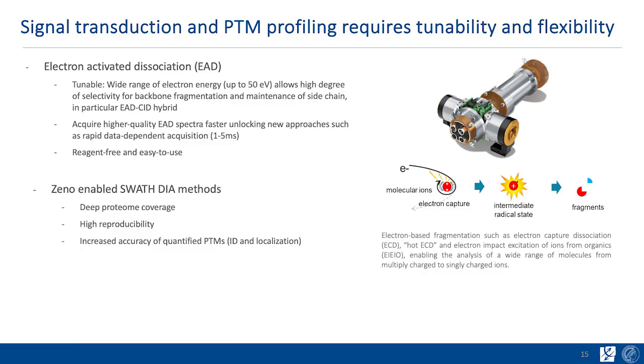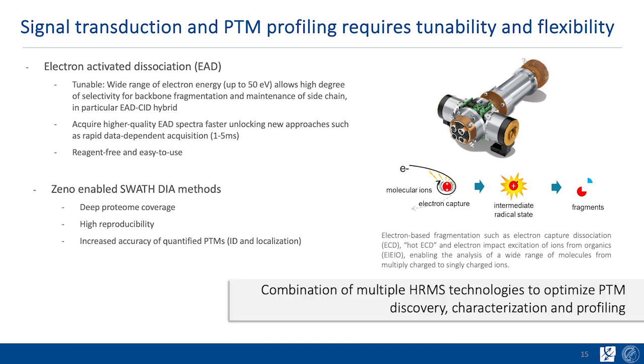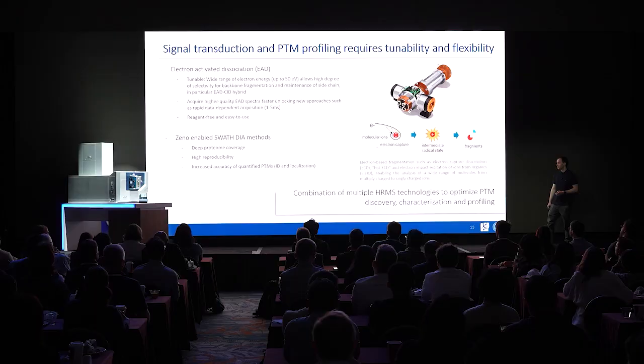It's reagent-free, and you get a different selectivity than you would get with CID. And if you combine this with the new sensitivity, we have about 10 times more signal intensity than on the previous generation, which enables us to do a lot with this.